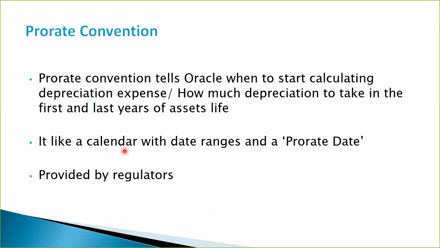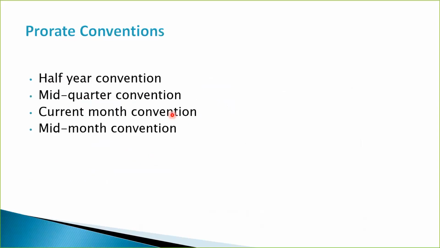We have said this convention is provided by regulators, so the accountants will be experts on this, and they will know which convention to use for a particular asset. Examples of conventions are half-year convention, mid-quarter convention, current month convention, mid-month convention.